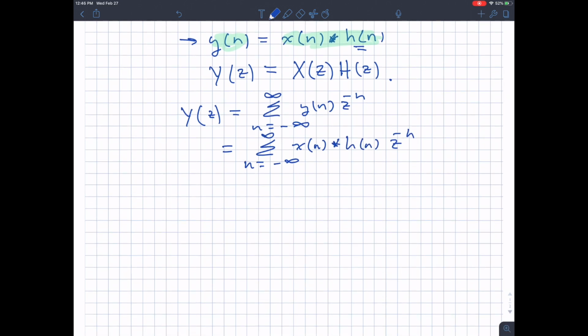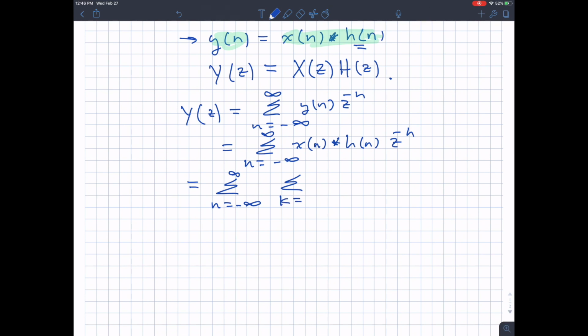And then I know the definition of convolution. The definition of convolution is yet another sum. This time we have a dummy variable of summation, k equals minus infinity to infinity, x of k, h of n minus k.